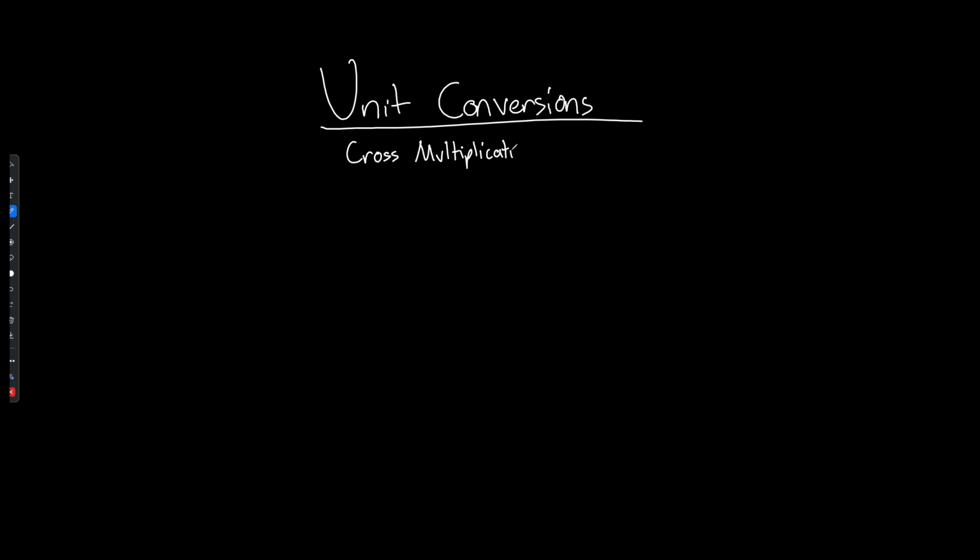Pretty simple. This will be a really quick video, but basically let's just say you have 3 atmospheres, but the question wants it in pascals. So how do we convert that?